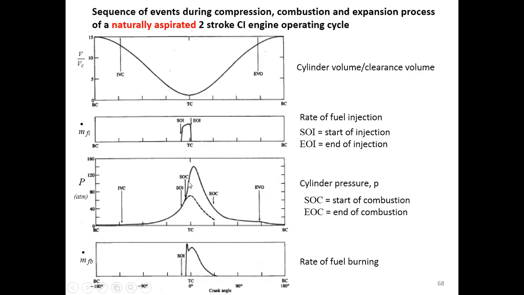So that means the combustion still happens as the piston moves up to the top dead center, and even as the piston moves down from the top dead center, the pressure still increases because of the combustion, until it reaches maximum pressure here, then it starts to go down along with the piston moving down.